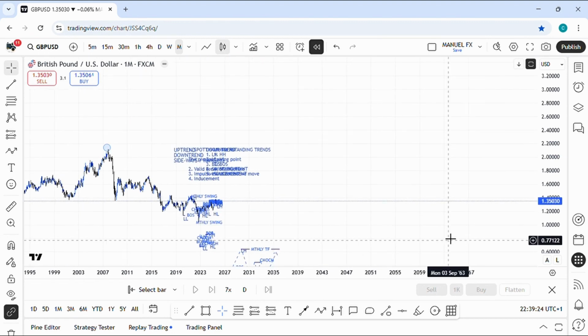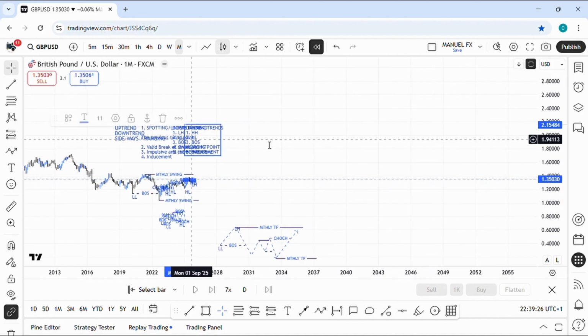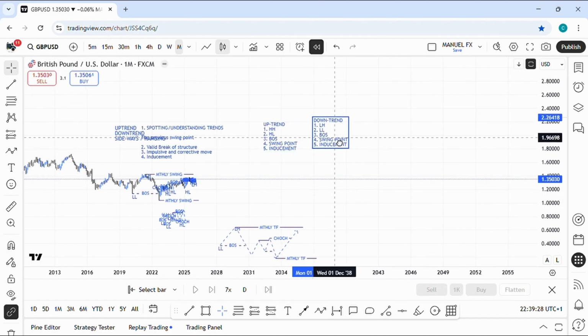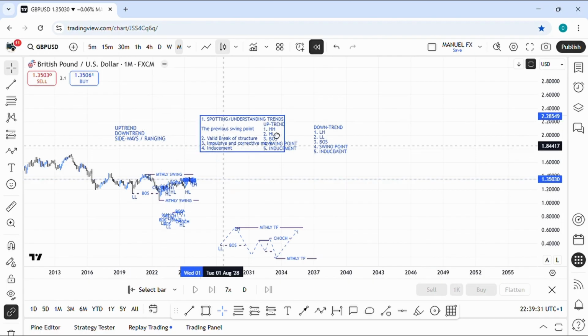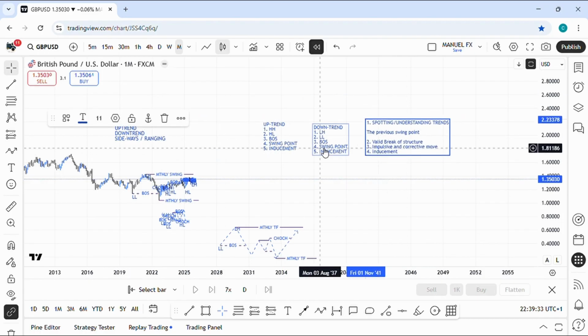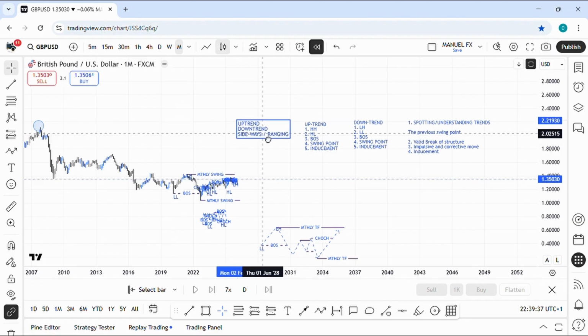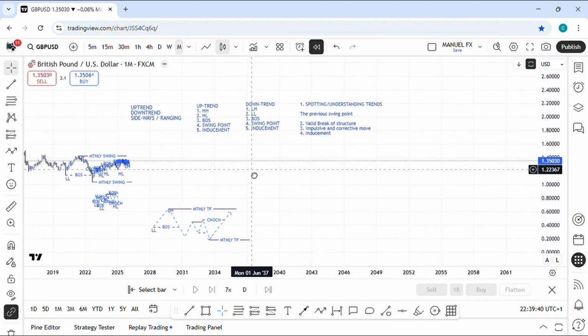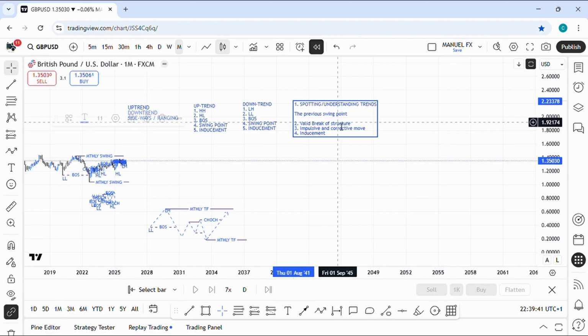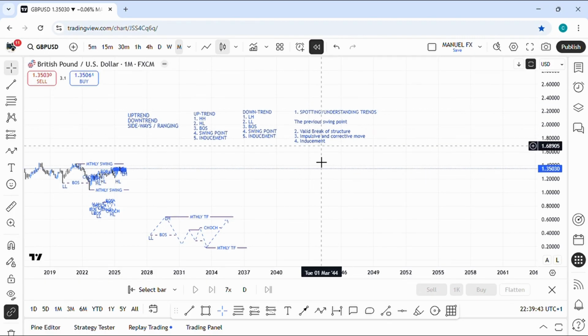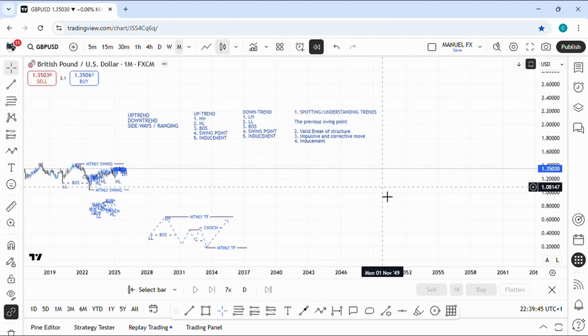When I say move through time frames, we've understood how to spot your higher highs and higher lows, break of structure, swing point and inducement, especially the inducement, the higher high, the higher lows, and your valid break of structure. Like I told you, spotting an uptrend or a downtrend, then the previous swing points, the valid break of structure, impulsive corrective move, and your inducement.